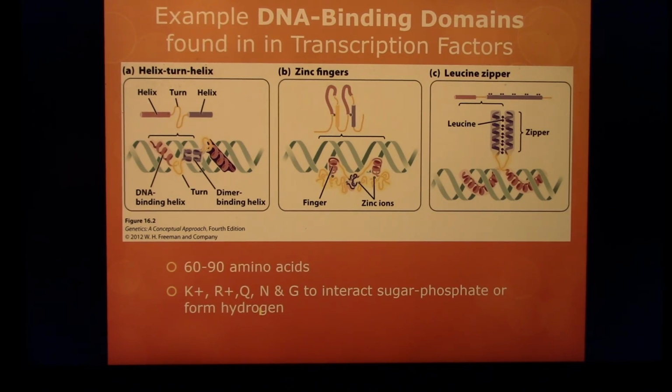So DNA has a net negative charge, and therefore positively charged amino acids would be attracted to that DNA. Again, they bind dynamically. This means that it's a temporary interaction, and these different transcription factors can actually compete for the same position on a piece of DNA. So this is a dynamic type of binding.